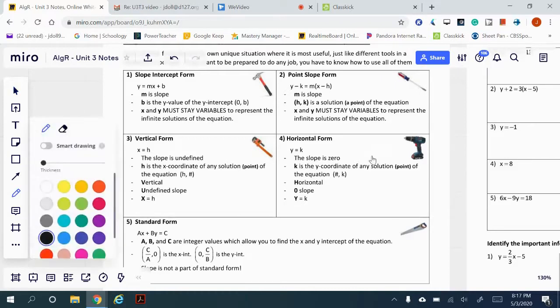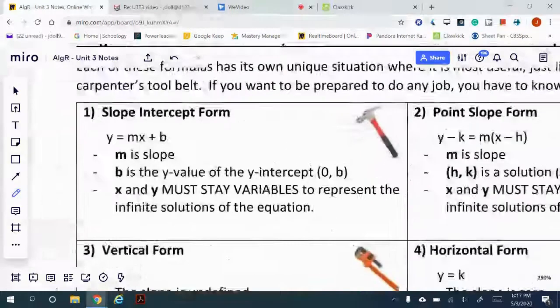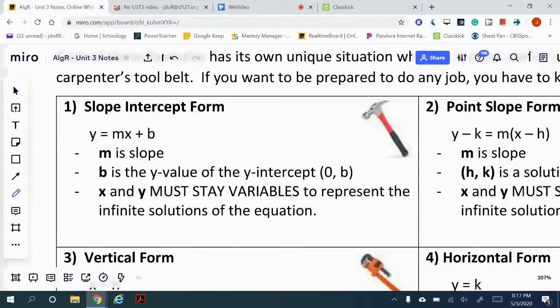And the first formula is the most common one, the most widely used linear formula, and that is slope-intercept form. Now, the reason that it is called slope-intercept form is because the variables in this equation give us the slope and intercept. All right, so we can see this as y equals mx plus b.